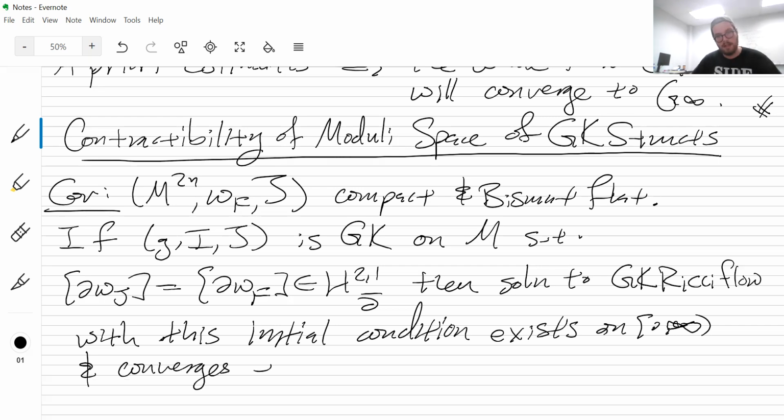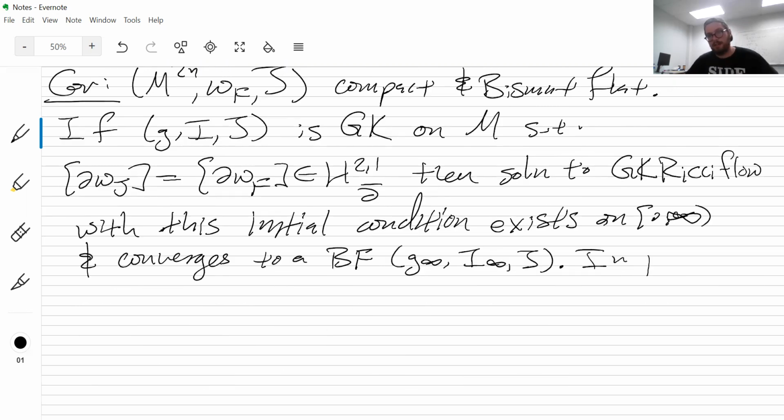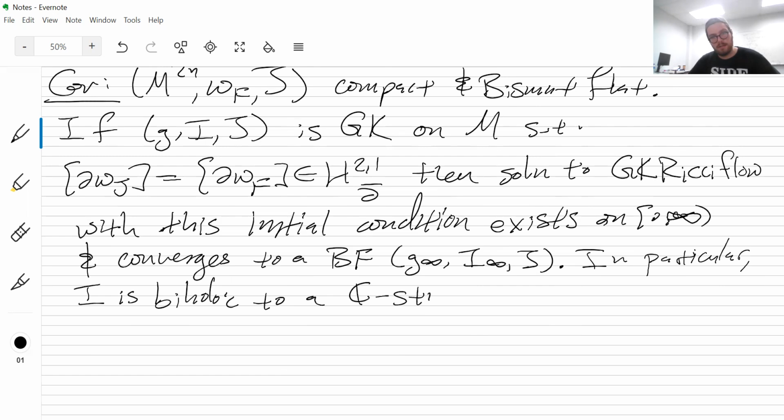Converges to a Bismut flat structure (g infinity, I infinity, J). And in particular, I is biholomorphic to a complex structure which is compatible with a Bismut flat metric.